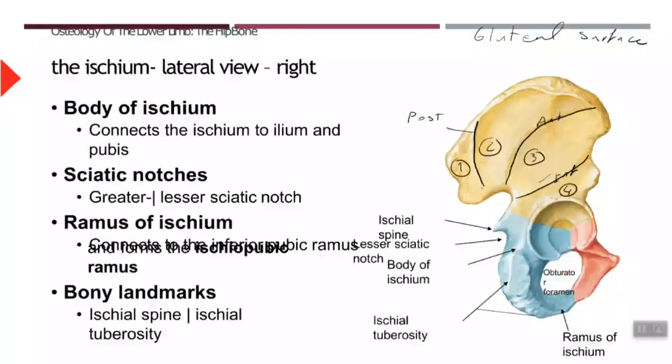You can see here. The posterior gluteal line starts from the iliac crest around 5 centimeters from the posterior superior iliac spine. This line starts from the iliac crest and goes down and back to the upper part of the greater sciatic notch. The anterior gluteal line starts from the iliac crest about 4 centimeters from the anterior superior iliac spine, and goes back and down and terminates at the apex of the greater sciatic notch.